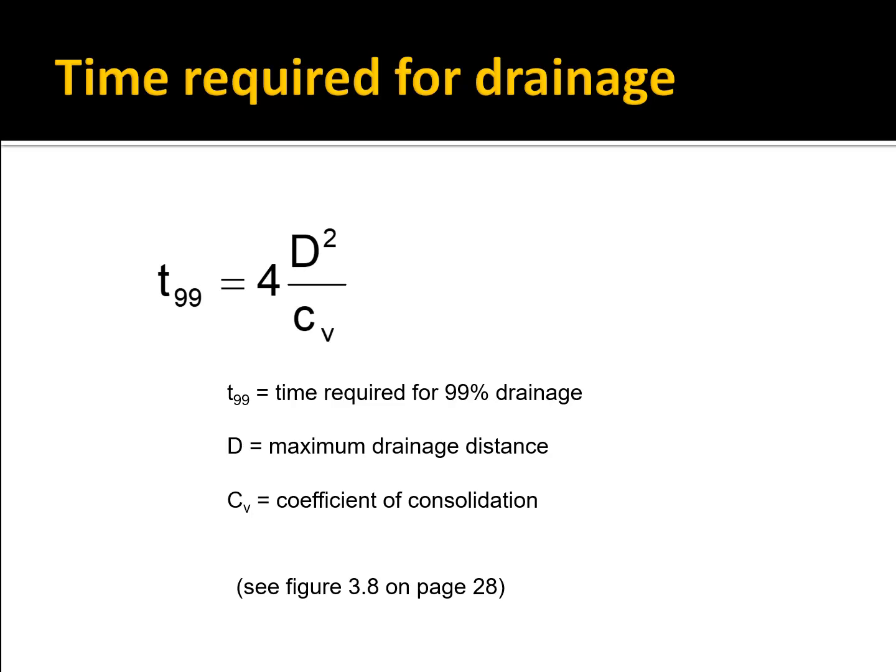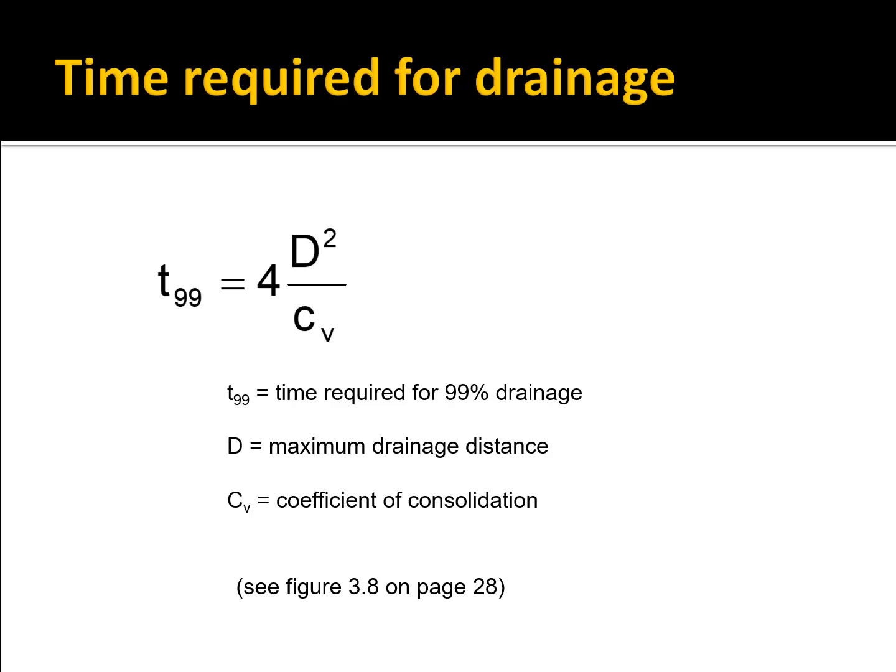It's also a function of the coefficient of consolidation. Figure 3.8 on page 28 of your textbook has a diagram showing different CV values for different soils. You can get that CV value from a consolidation test, and it's a function of the hydraulic conductivity and permeability of the soil.